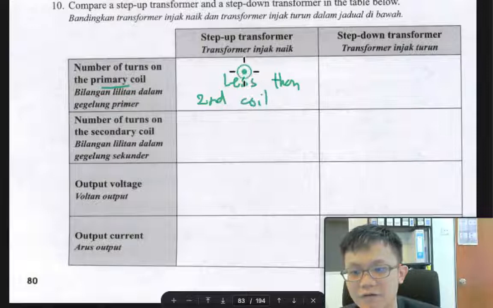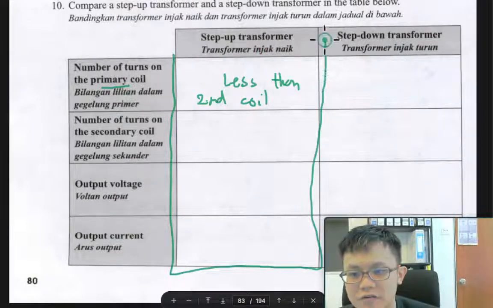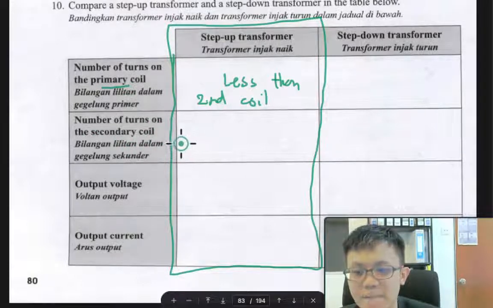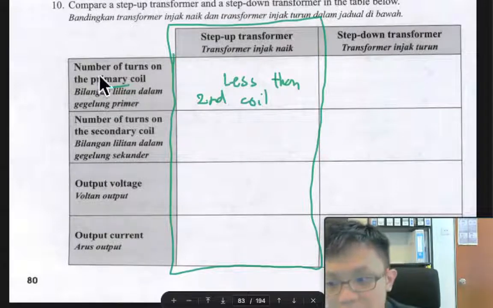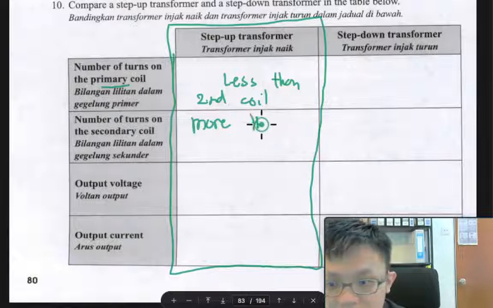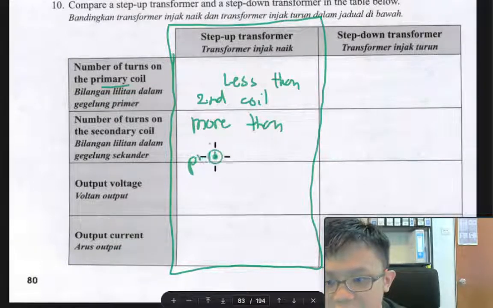Okay, how about we do this one first. I think it's easier. We do step up first. Okay, this one, number of turns on the secondary coil, more than primary coil. Very good. More than primary coil.